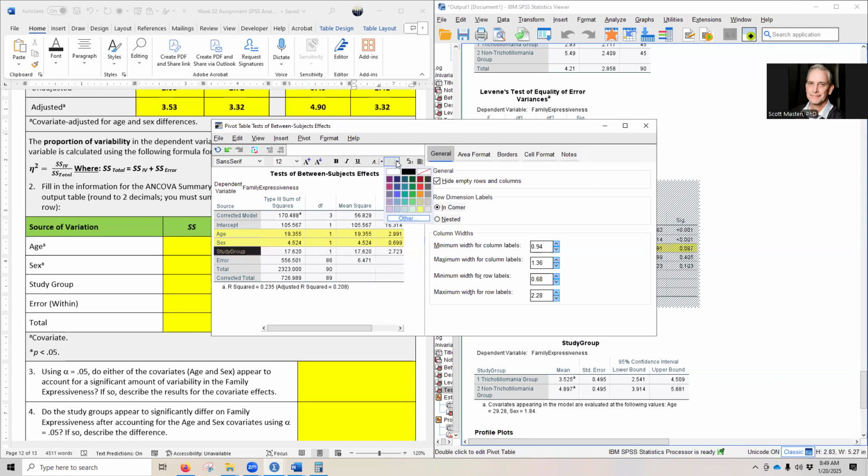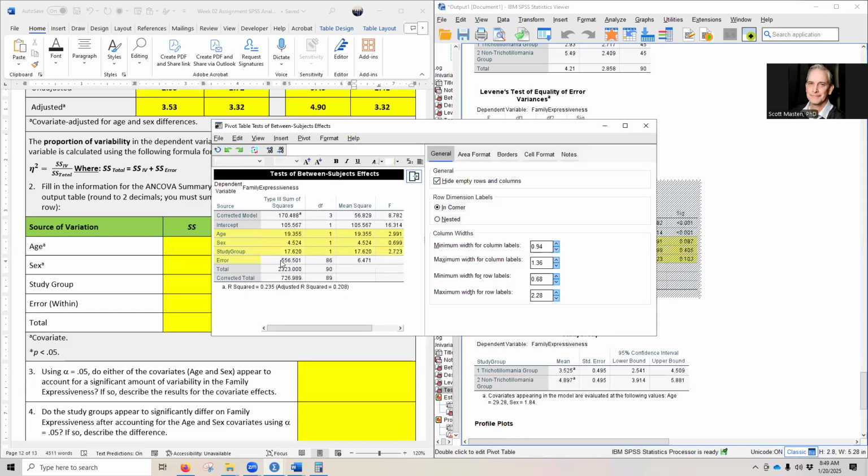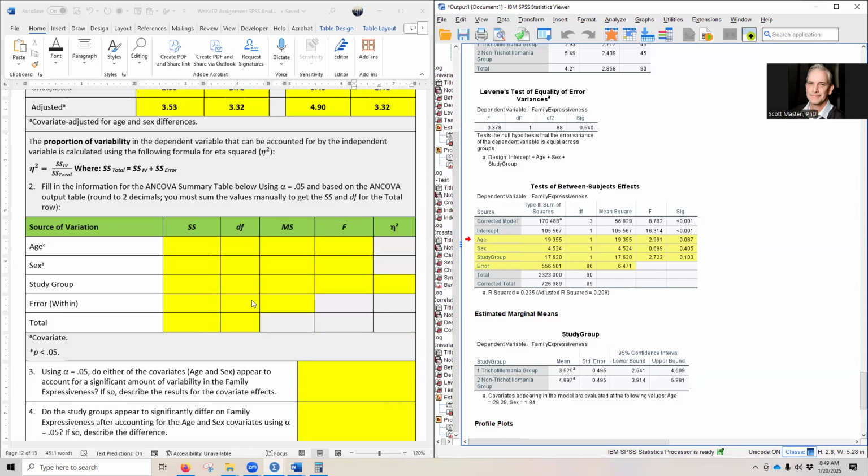I don't know if that works, but let's try it. And oops, error. There we go. We have to get the total on our own. Of course it did work. I don't know why that bottom one never works. All right, highlighted those rows.